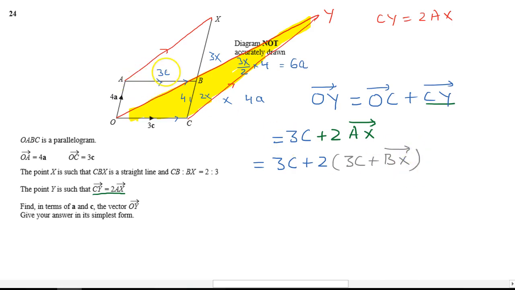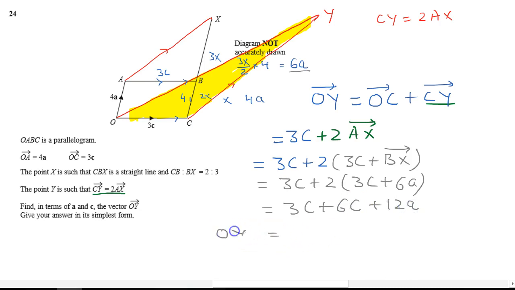It's very clear. 3c, that is AB, plus BX. And BX we have just calculated, it's 6a. So this is 3c plus 2 times (3c plus 6a). So that is 3c plus 6c plus 12a.